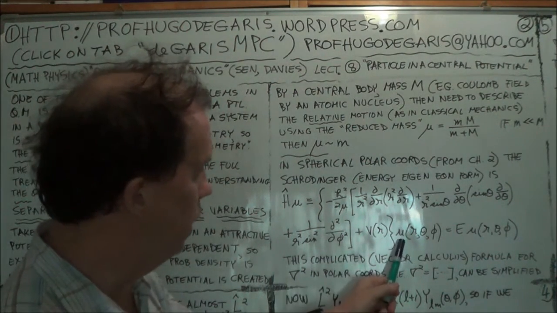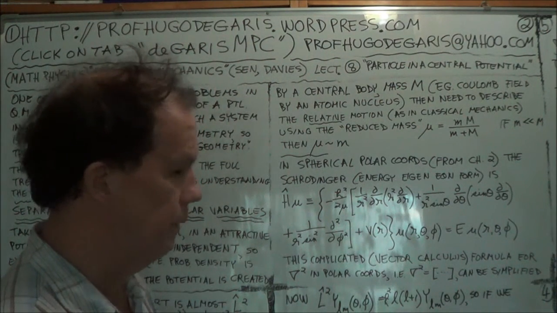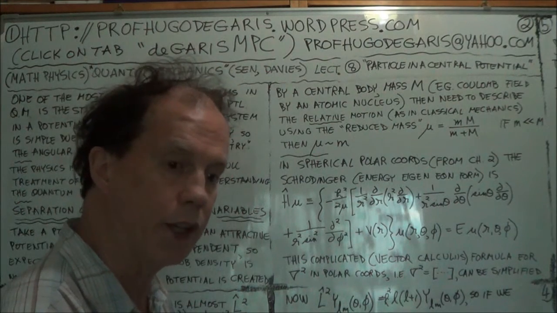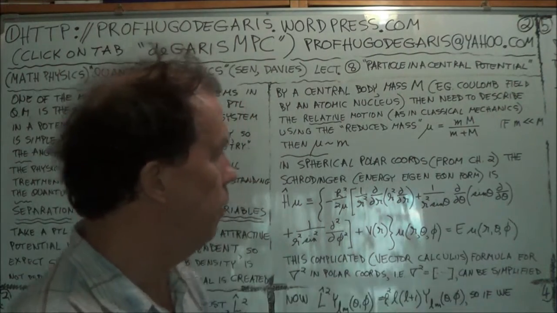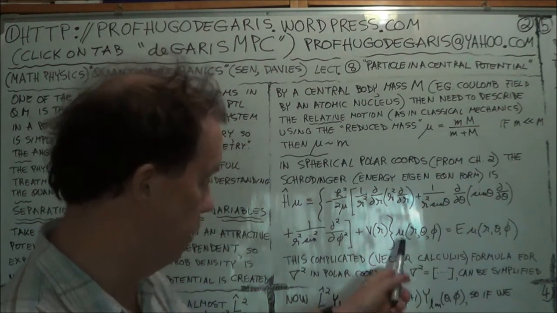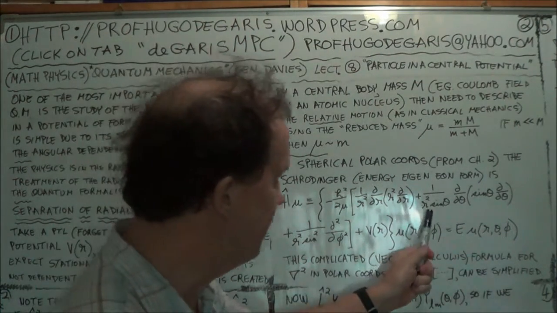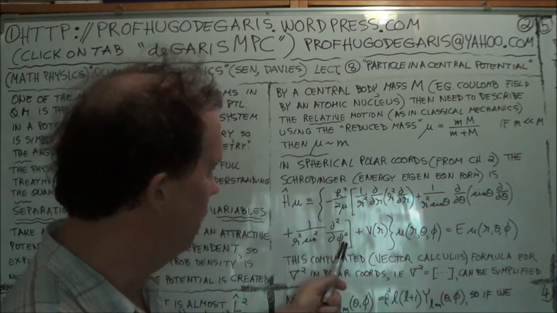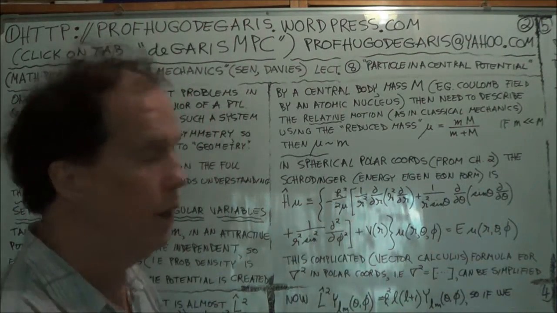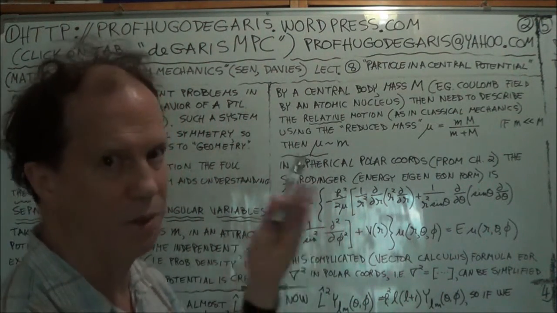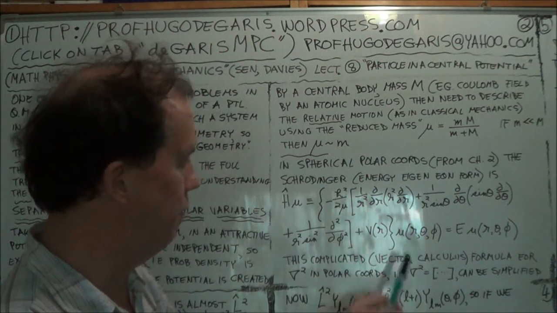And so we'll have L squared U. And that means we have a kind of eigenequation for the angular momentum. And that means instead of all this stuff, we can plug in the eigenvalue times the eigenfunction. So it simplifies down a lot. In a sense, this term here, all its complexity depending on theta and phi, just simplifies down to a scalar, just a number, the eigenvalue, times the eigenfunction.